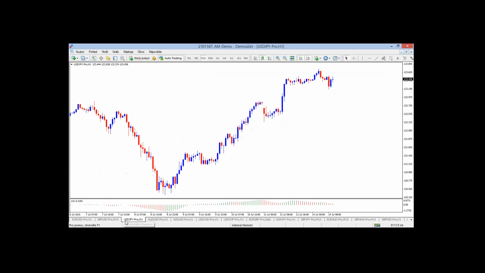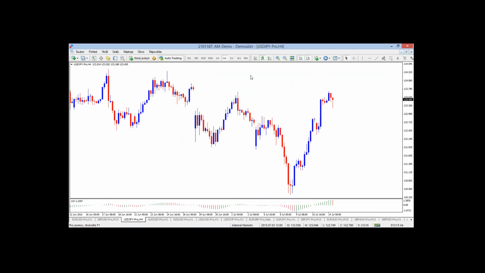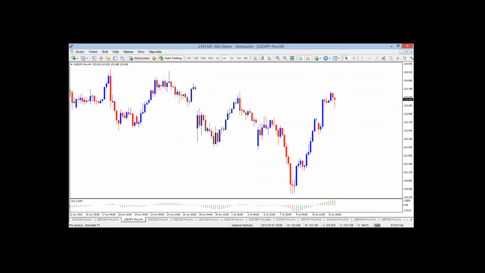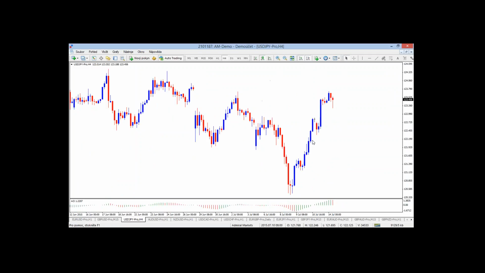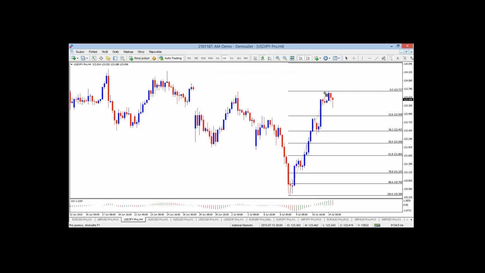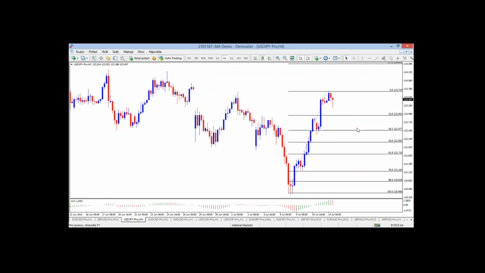Dollar yen is looking, well, it's looking basically like a pretty strong impulsive rally at the moment. And I wouldn't be surprised now to see a correction to any of these fibs and a bounce back up.